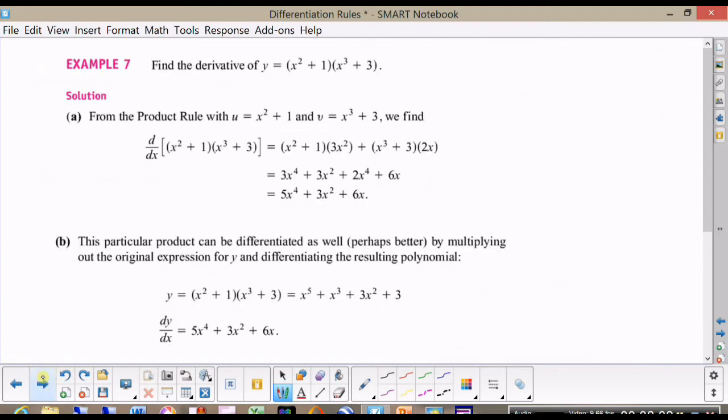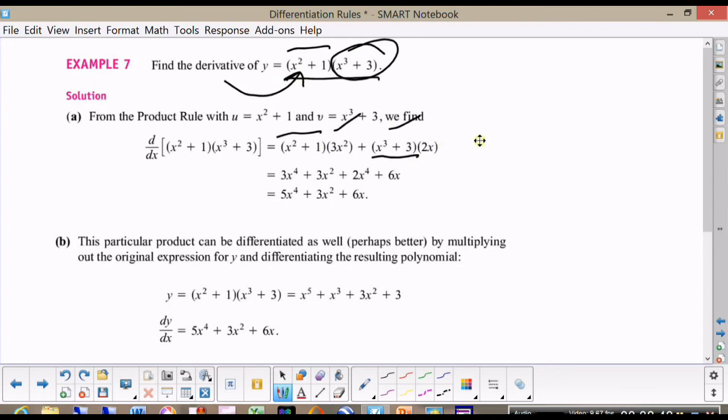Now, sometimes you may not want to use the product rule. You might want to just multiply everything out first and then take the derivative. Notice in this function you have the product of two functions. If you use the product rule, you have the first, which is x squared plus 1, times the derivative of the second, which is 3x squared, plus the second, which is x cubed plus 3, times the derivative of the first, which is 2x.